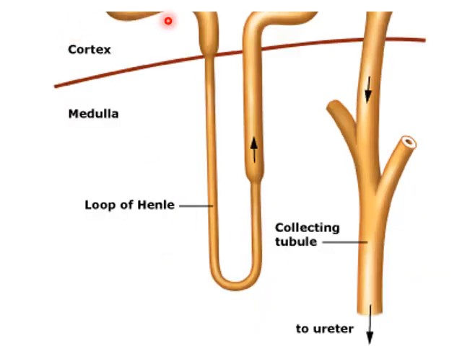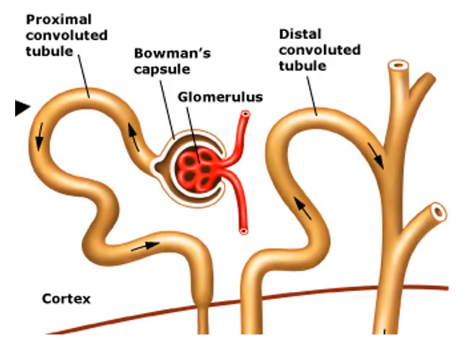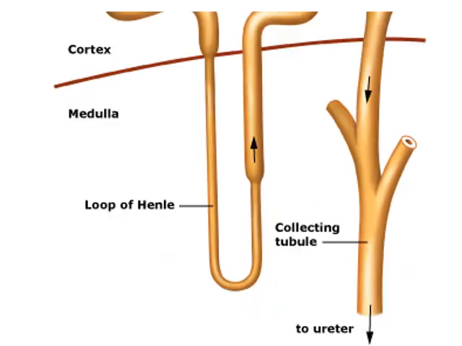So proximal convoluted tubule goes into the medulla. We got our loop of Henle. That's going to go back up to the cortex, down and back. Then we get to the distal convoluted tubule, and then we drain into the collecting duct or collecting tubule that's going to keep branching or merging till we get down to the ureter.